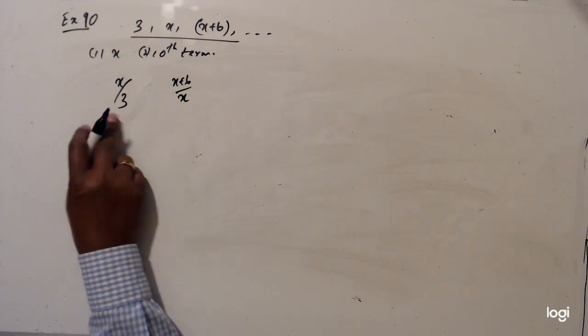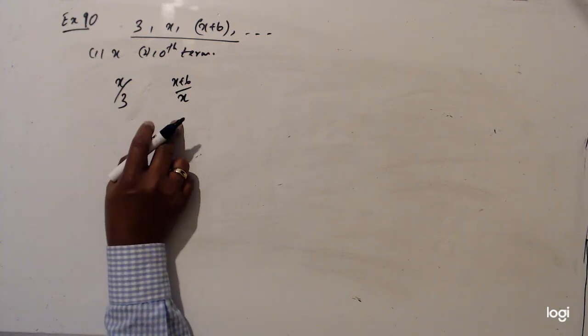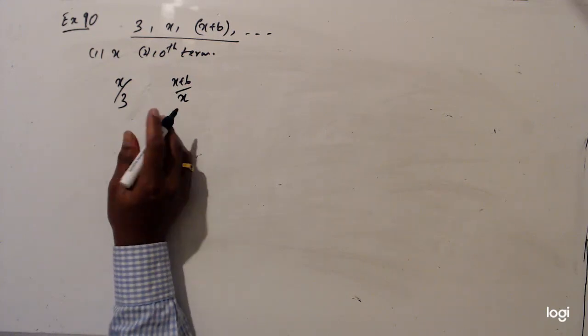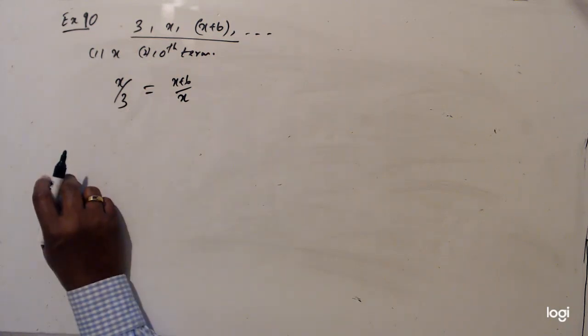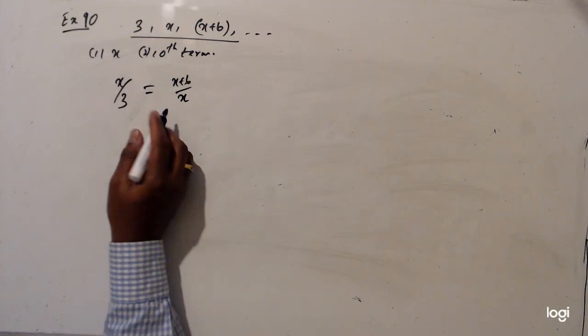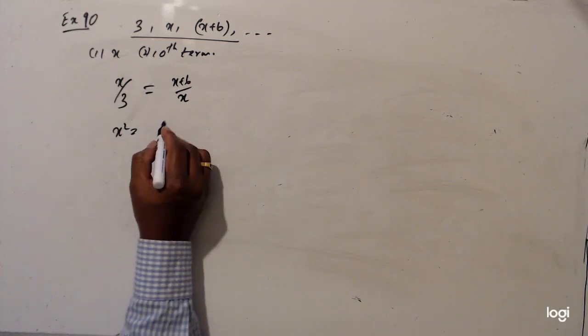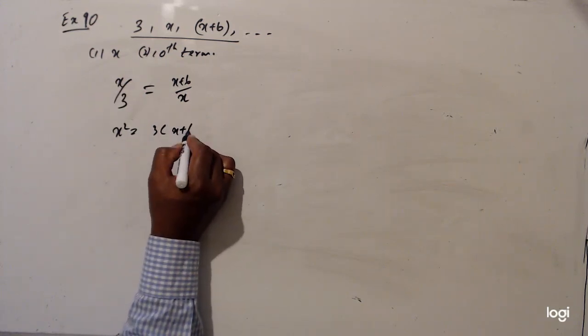We know that in a geometric sequence, they are equal. So then we have to solve this equation to get, cross multiply, x square equal 3 times x plus 6.